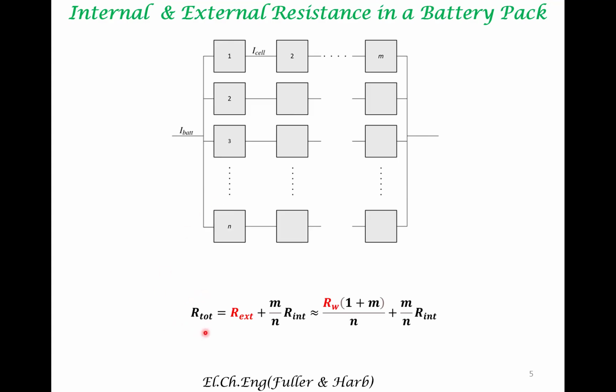So the total resistance is given by R external plus this quantity. So this can be approximated in the following manner. There is a component that scales with M, and this refers to the resistance from this part. So there is this resistance of the wires times this quantity corresponds to R external.